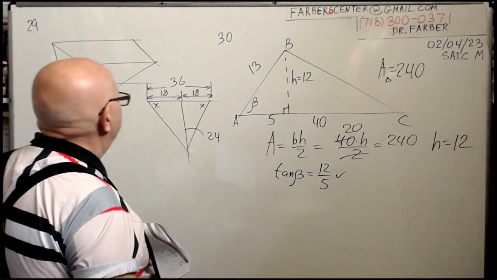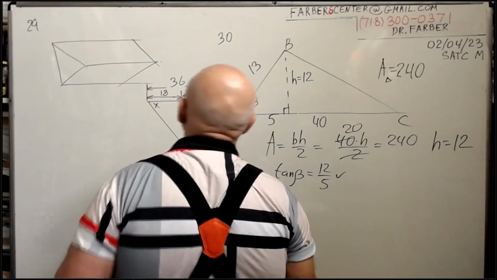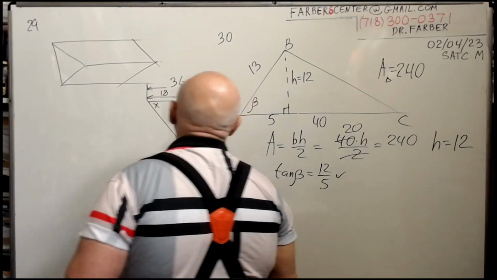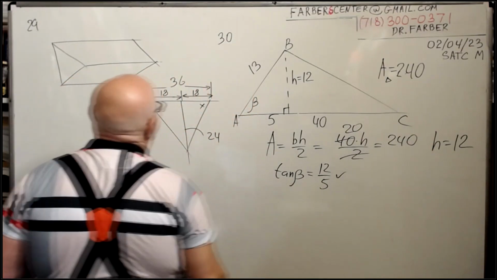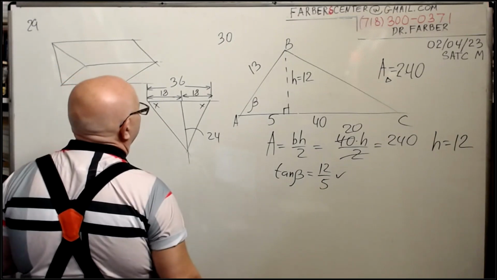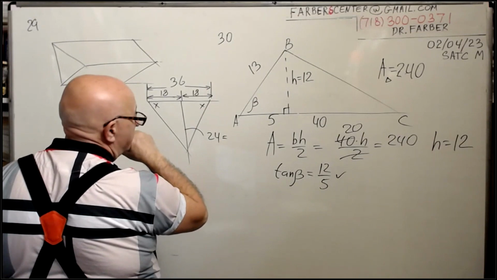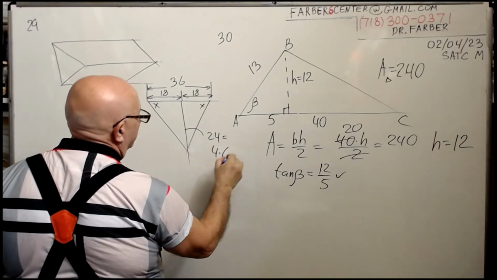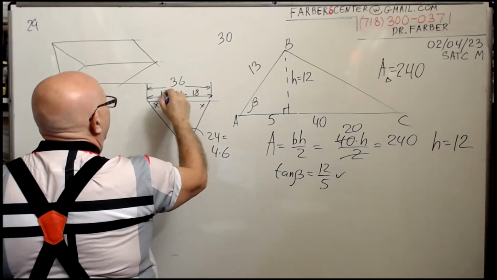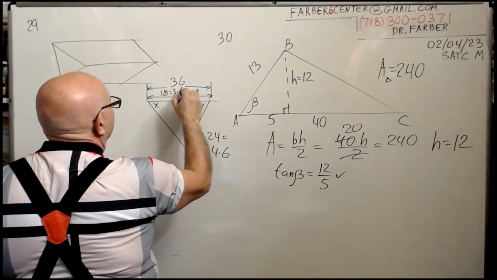Okay. What is 24? It is 4 times 6. 18 is 3 times 6.